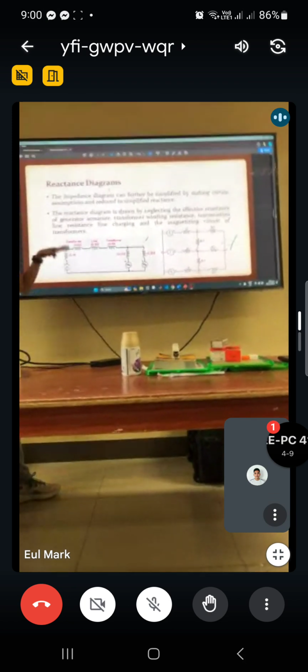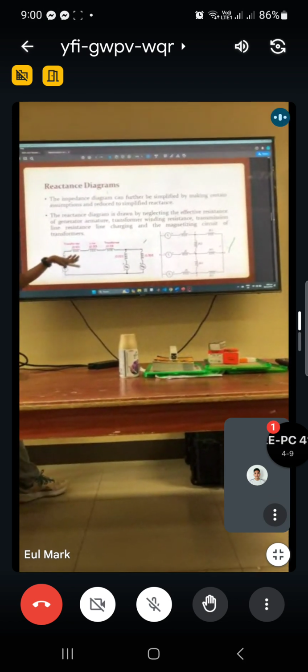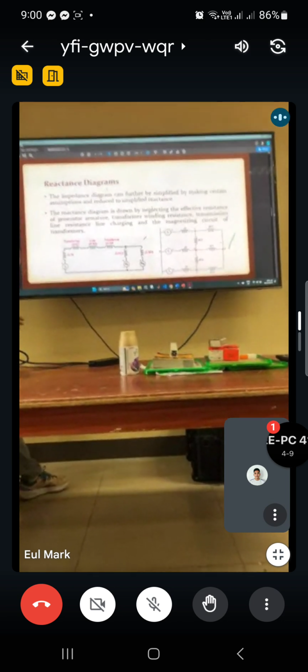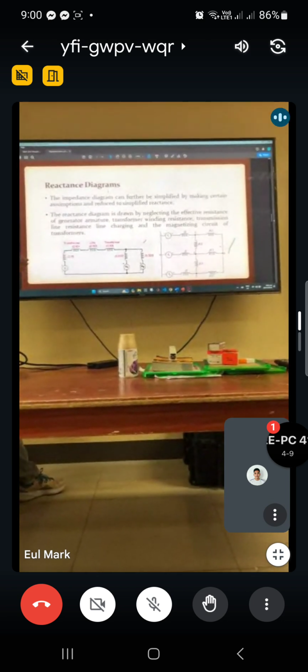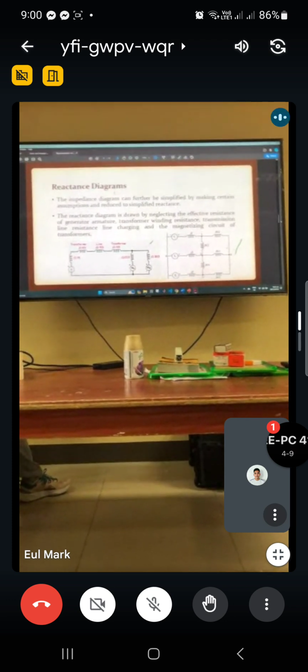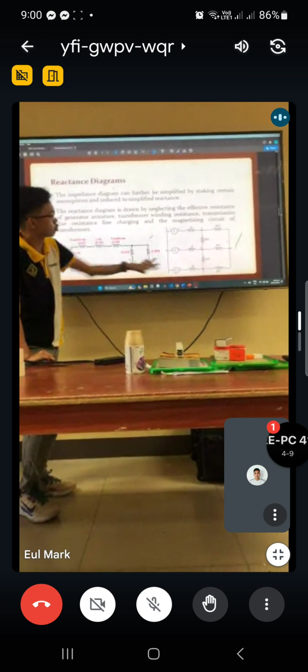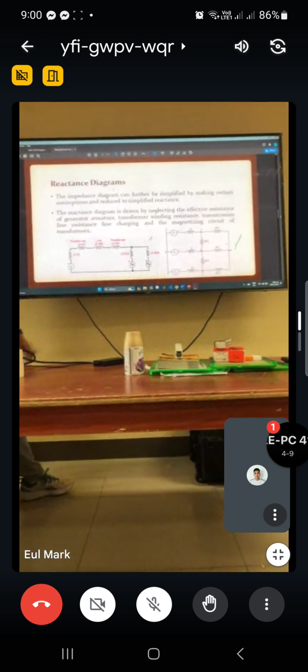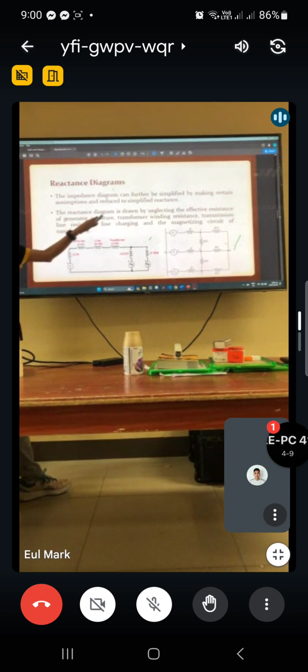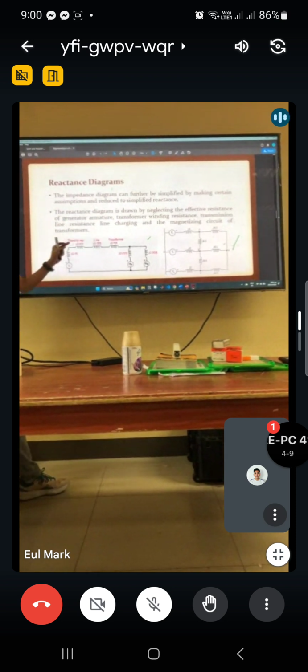Now what happened with the transformer? It's represented as one reactance. It is no longer the primary, secondary, or magnetizing circuit. Of course, the line, the other transformer, and our motor loads as well. So there is no resistance, neglecting the effective resistance of the generator armature and transformer winding resistance.